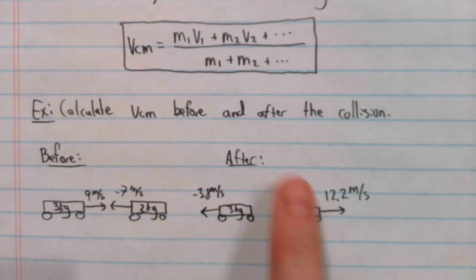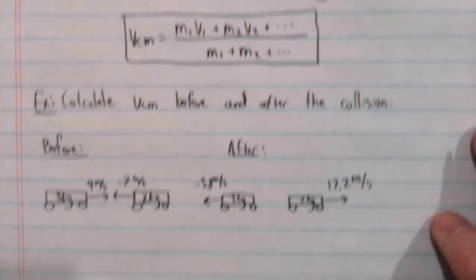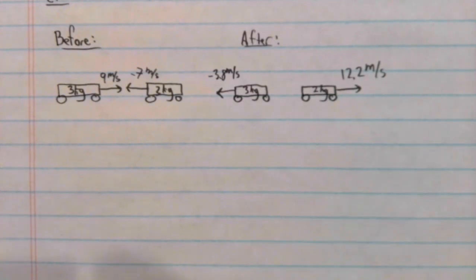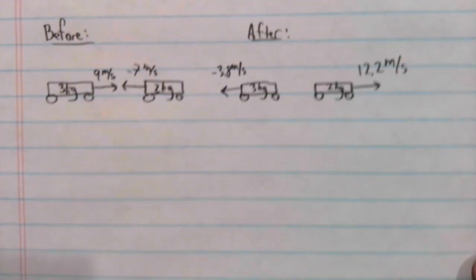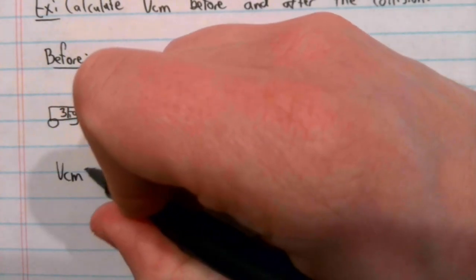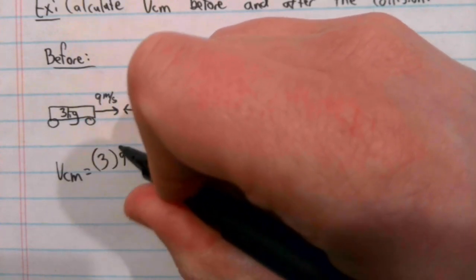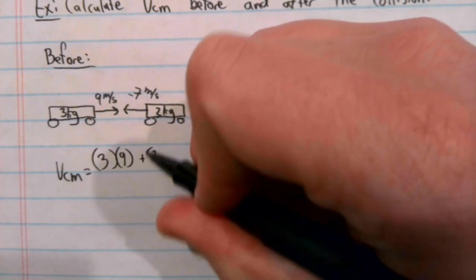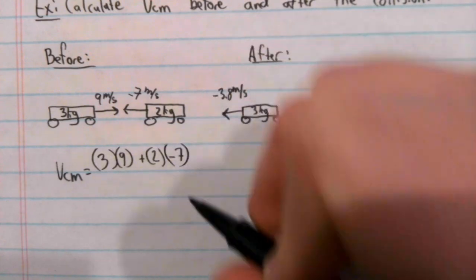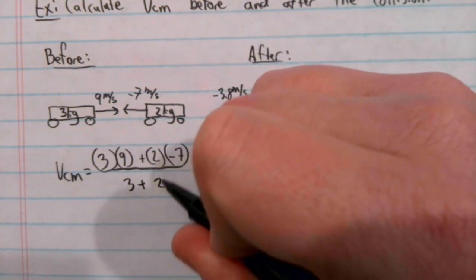There's no before and after in this equation. This equation can only be used at instantaneous moments in time. So we'll use the same equation twice, but with different numbers. So here's the first one. VCM equals 3 times 9 plus 2 times negative 7 divided by 3 plus 2.